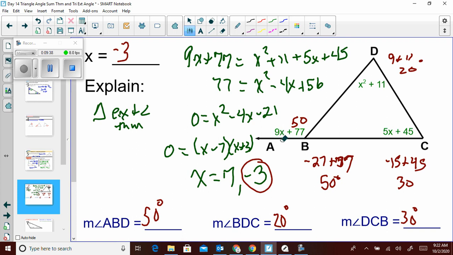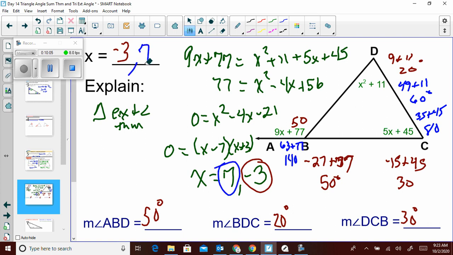7, I get 63 plus 77 is 140 degrees. Check here. 7 squared is 49 plus 11 is 60 degrees. Here, 35 plus 45 is 80 degrees. 80 plus 60 is 140. 7 works too.